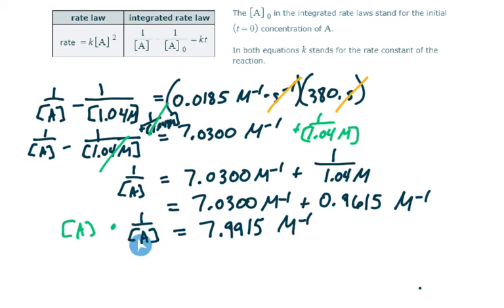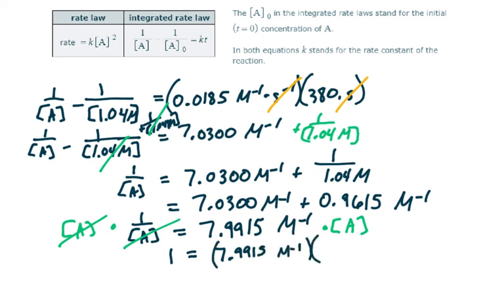Right now it's 1 over A. So if I multiply both sides by that, then I end up with 1 is equal to 7.9915 times concentration of A, right?